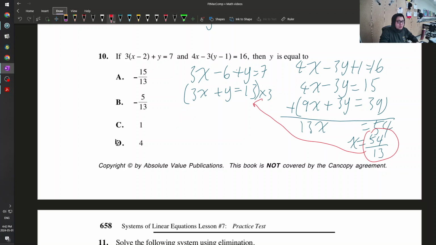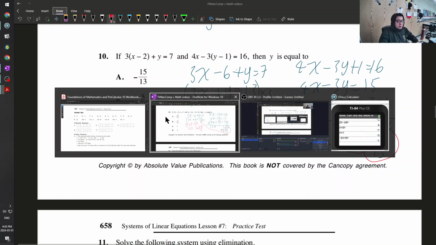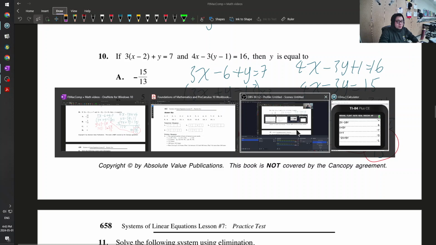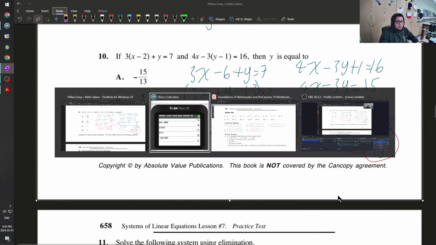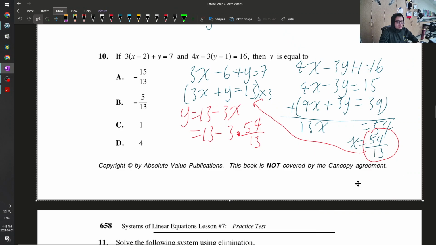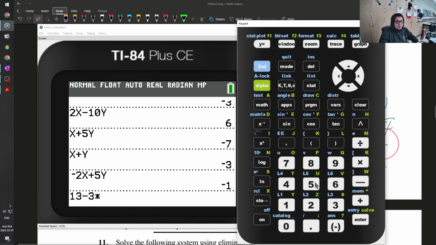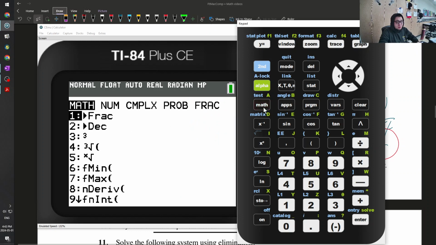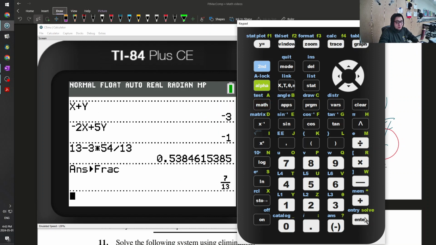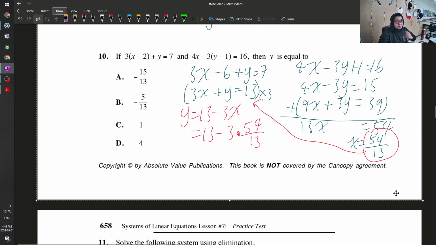Oh, actually, let's isolate for y first. So subtract both sides by 3x. Y is equal to 13 minus 3x, which is 13 minus 3 times 54 over 13. I'm doing this on the calculator. 13 minus 3 times 54 divided by 13, convert to a fraction, gives me 7 over 13.